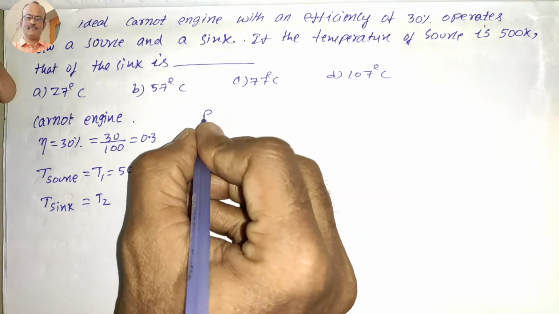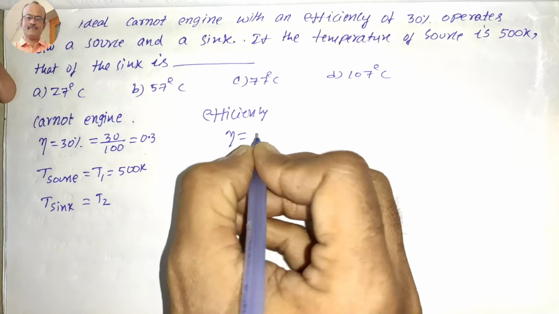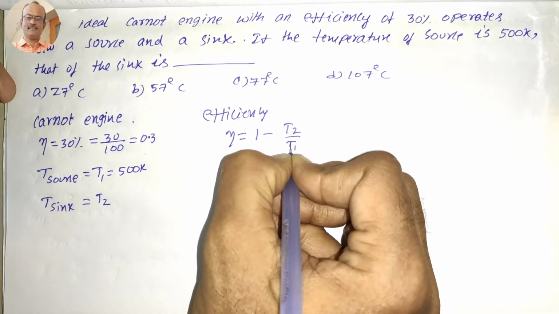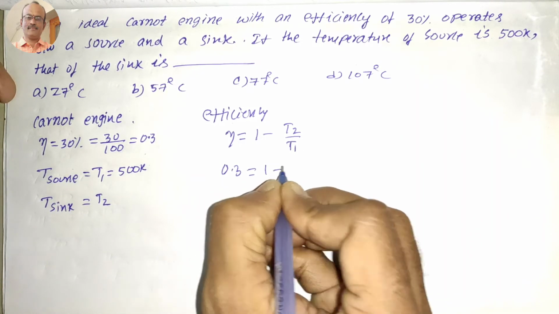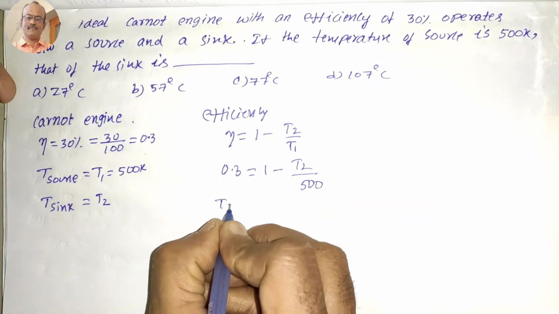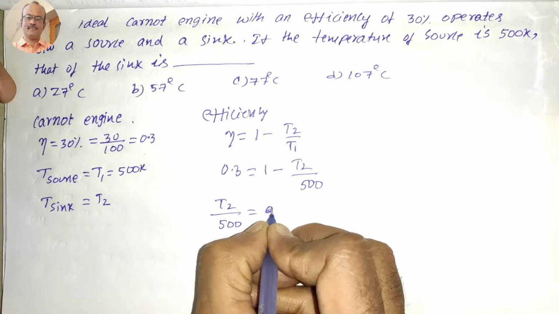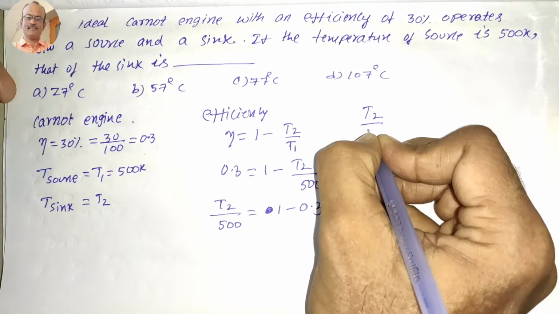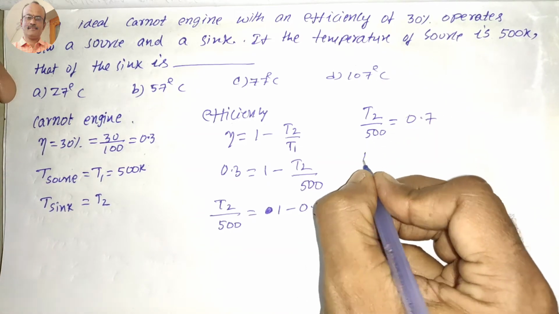Here we have the formula: efficiency eta is equal to 1 minus T2 divided by T1. So 0.3 is equal to 1 minus T2 divided by 500. That means T2 divided by 500 is equal to 1 minus 0.3, which is 0.7.